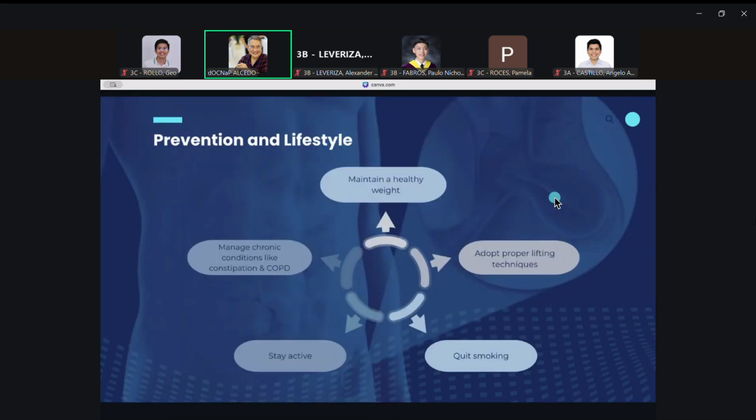So very important after a repair is to maintain a healthy weight, adopt proper lifting technique, hopefully quit smoking, use breathe easy, stay active, and of course control constipation, COPD, and LUTS. If you have an enlarged prostate, then maybe a medication or surgery can take care of the problem.